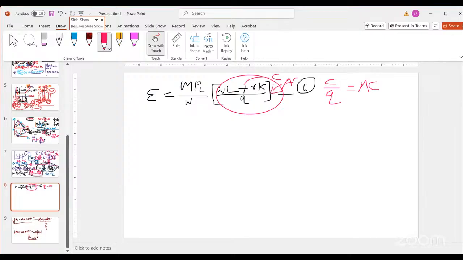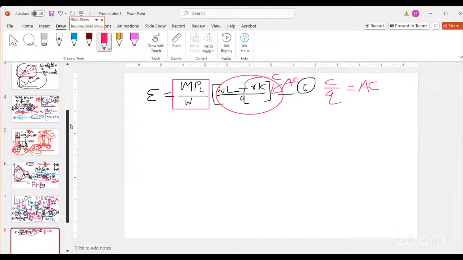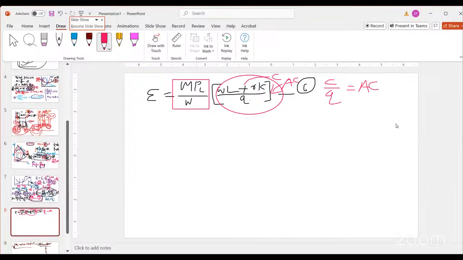This part we did before: MPL divided by W. We proved that before.